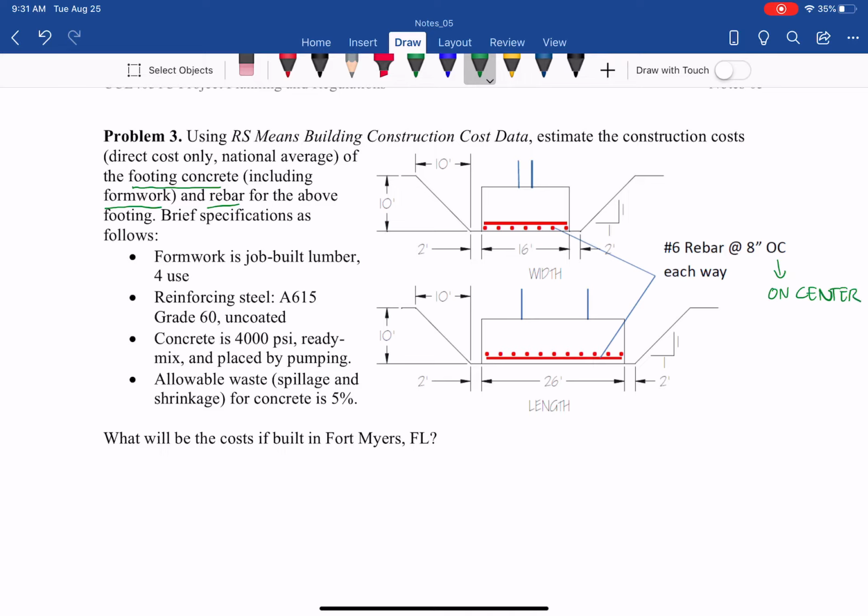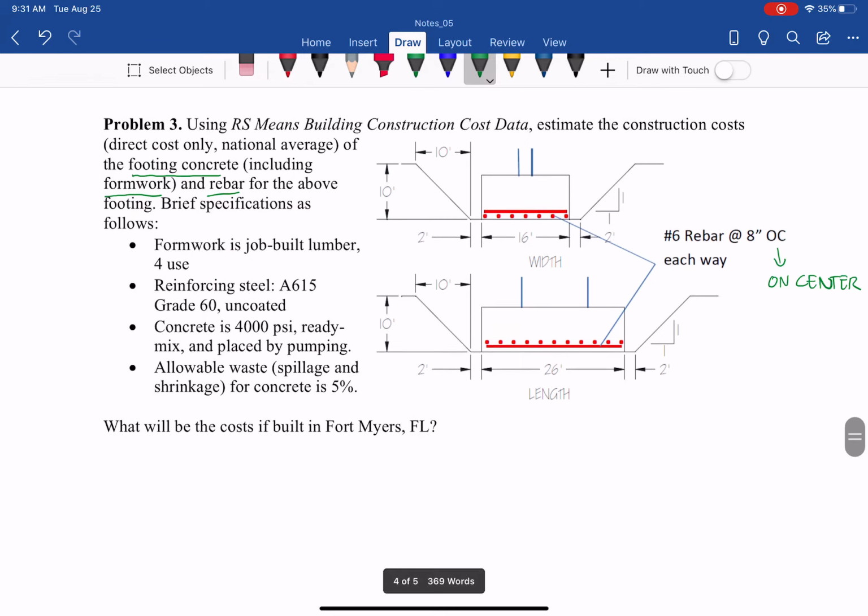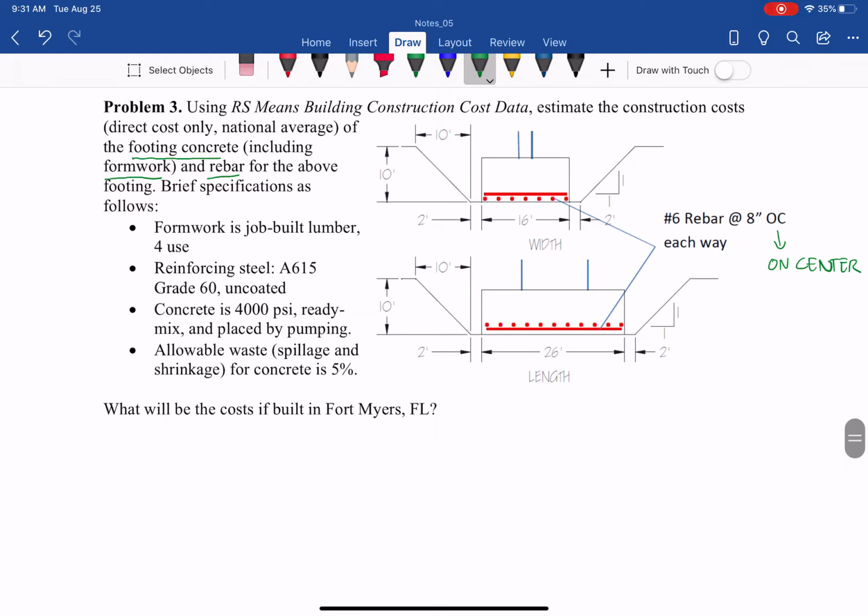We have 2 ways for the footing, and each way has number 6 rebar 8-inch on center. For concrete, we need to determine the concrete and the formwork to set up so that we can place the concrete, because fresh concrete is fluid, so we have to have some form of formwork. We will explain that in a minute, but let's talk about the quantity first.